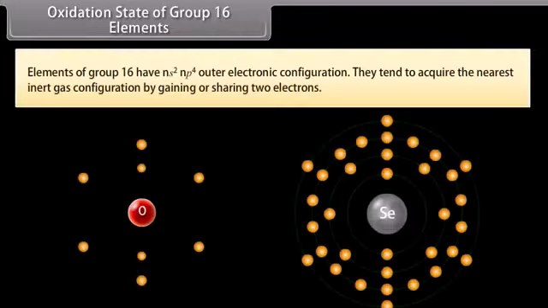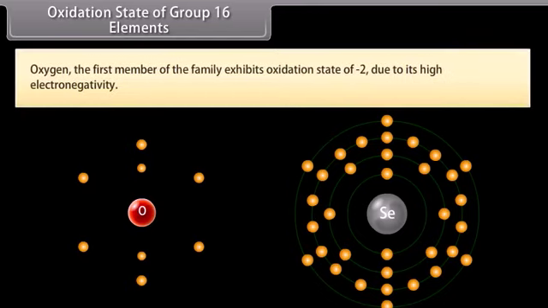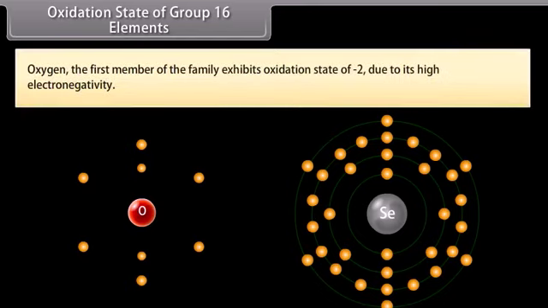Oxidation state of group 16 elements. Elements of group 16 have ns2np4 outer electronic configuration. They tend to acquire the nearest inert gas configuration by gaining or sharing 2 electrons. Oxygen, the first member of the family, exhibits an oxidation state of -2 due to its high electronegativity.